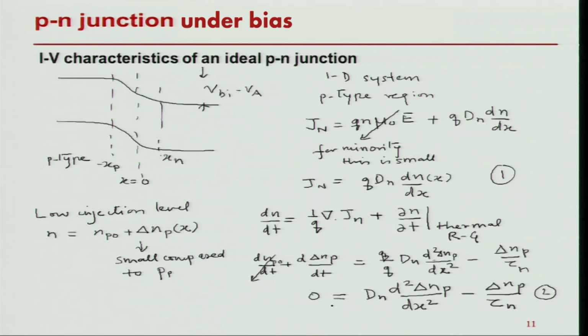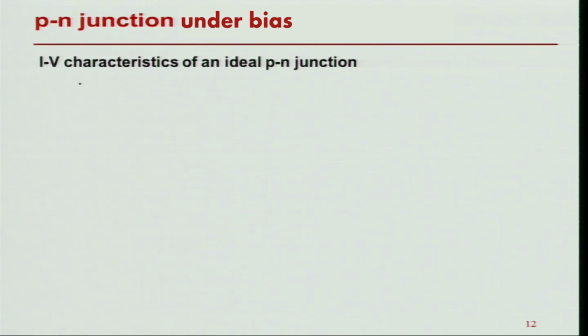In a similar manner, I can write the equation for the n type, which I will just write on the next page. So, the same continuity and current equation for the n type region of the forward bias p-n junction. It is going to be given by the diffusion current due to holes, and that is going to be given by J_p of the excess holes in the n side.